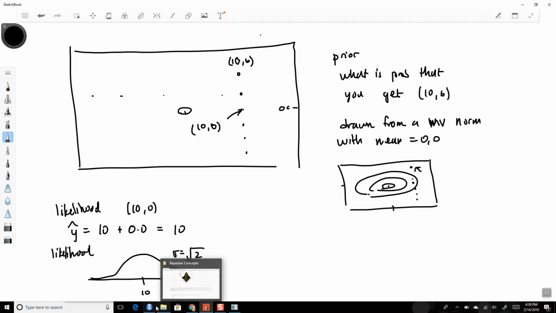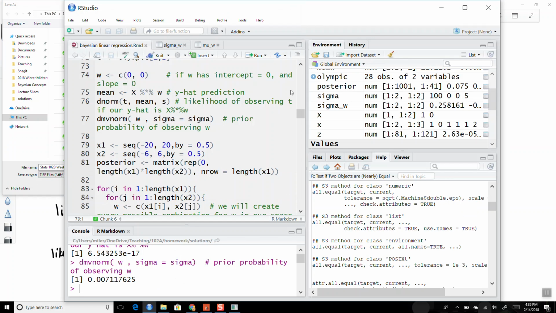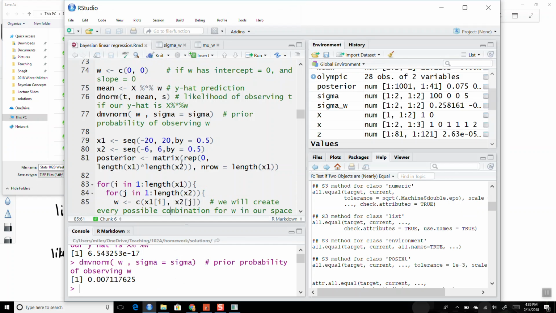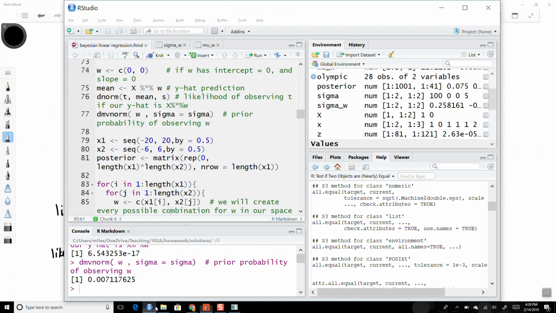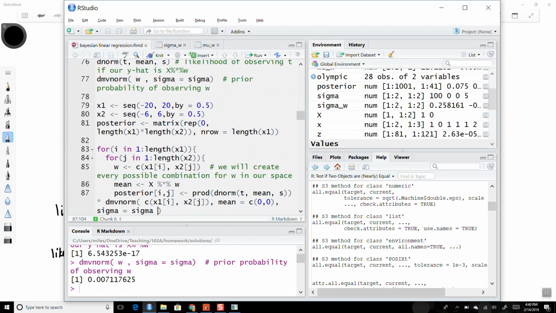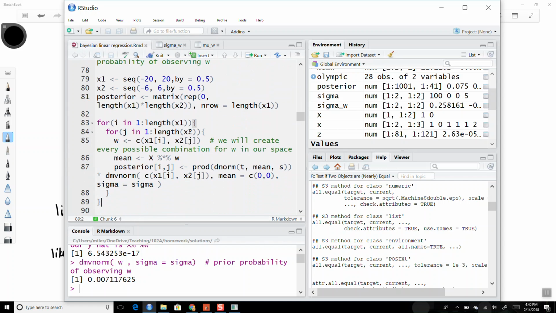I'm going to just do a grid. And the grid will go from -20 to 20, and from -6 to 6. And I'm creating a matrix called posterior.